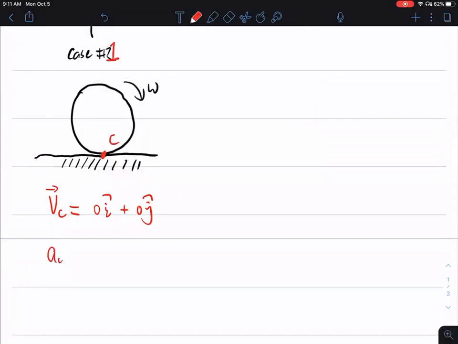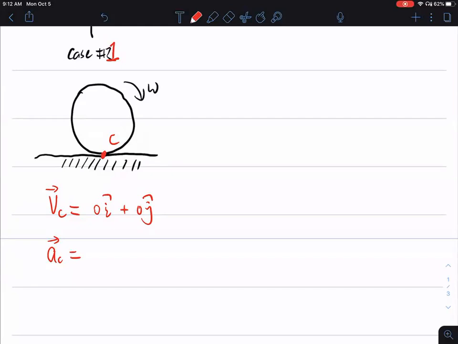Besides that, do we know anything about the acceleration of point C? Does point C have zero acceleration because it's the instant center and has zero velocity? Another concept to clarify: velocity and acceleration are two different things.